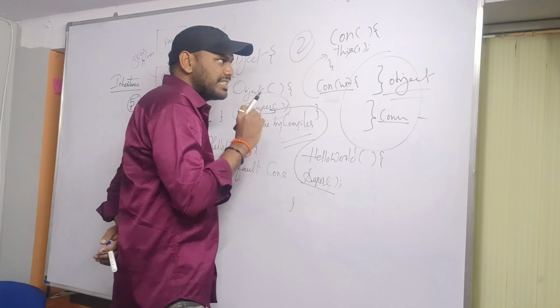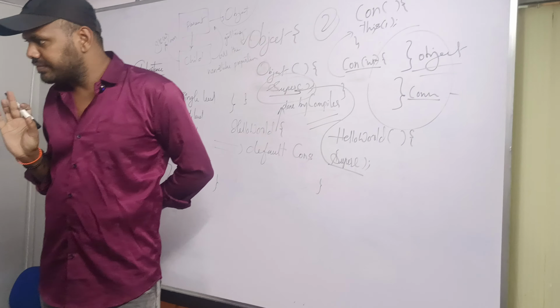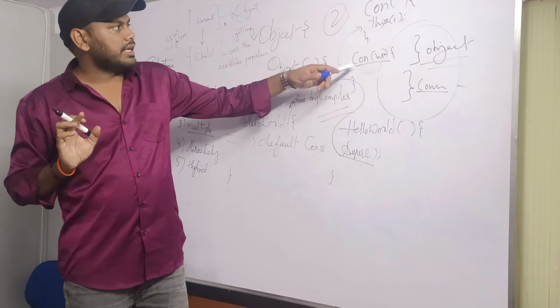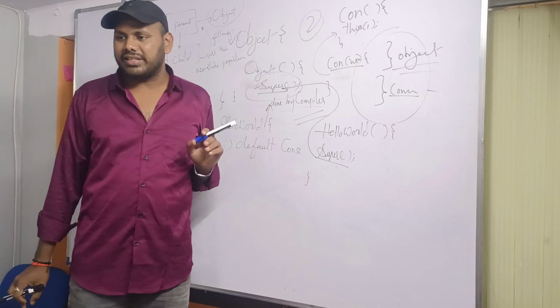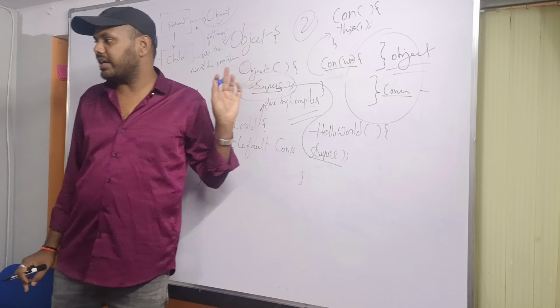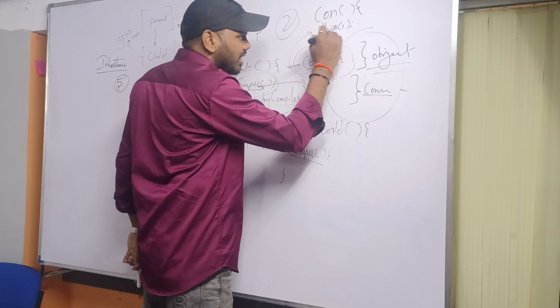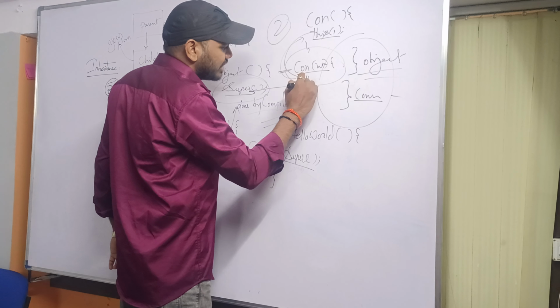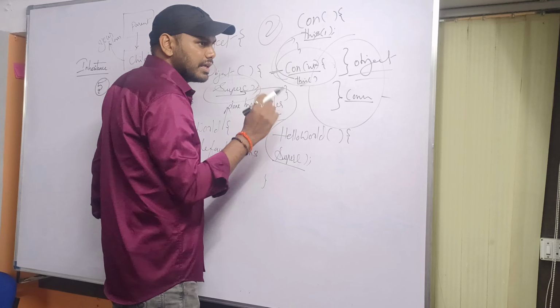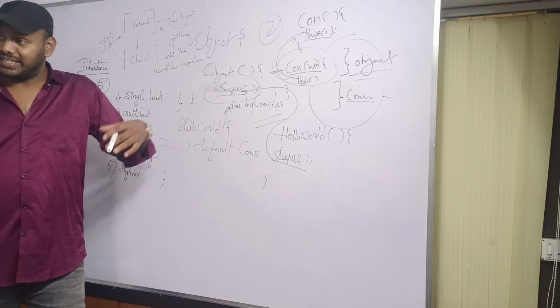Is there any constructor which is taking an integer value as an argument? So we have one, so this call statement is merged with this call statement from another constructor in the same class.